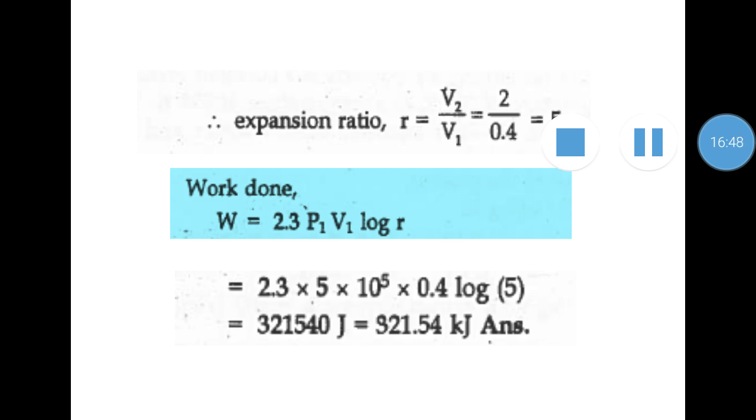So we get 2.3 into 5 into 10 raised to 5 into 0.4 into log R, where R is V2 by V1, 2 divided by 0.4, equal to 5. After calculating all this we get 3,21,540 joule. We convert it into kilojoule by dividing by 1000, so it becomes 321.54 kilojoule.